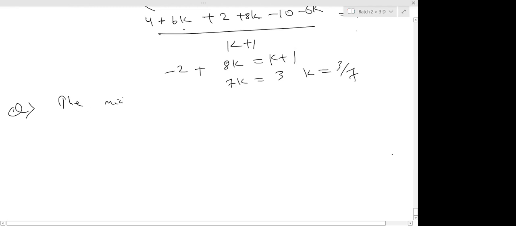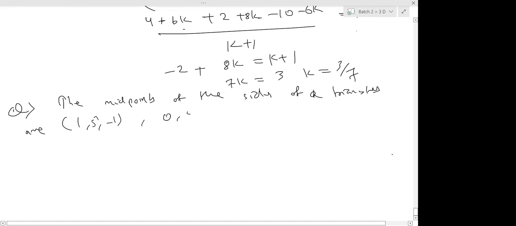The midpoints of the sides of a triangle are (1, 5, -1), (0, 4, -3), (2, 3, 4). Find its vertices.